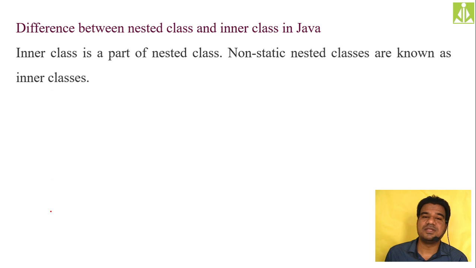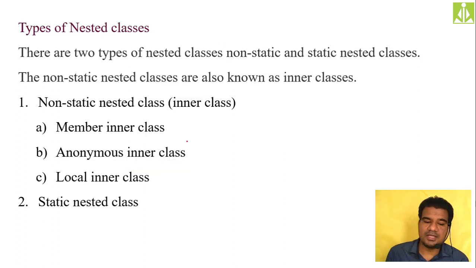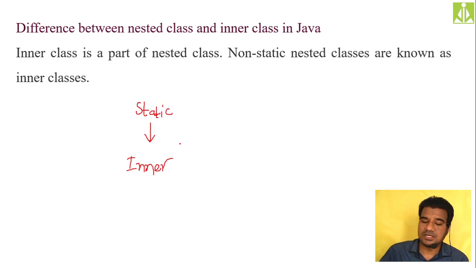Then we have the difference between nested class and inner class. When you keep an inner class inside an outer class and make that inner class non-static, we call it an inner class.